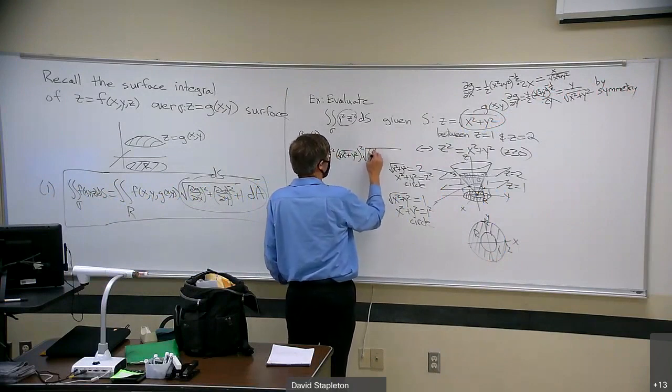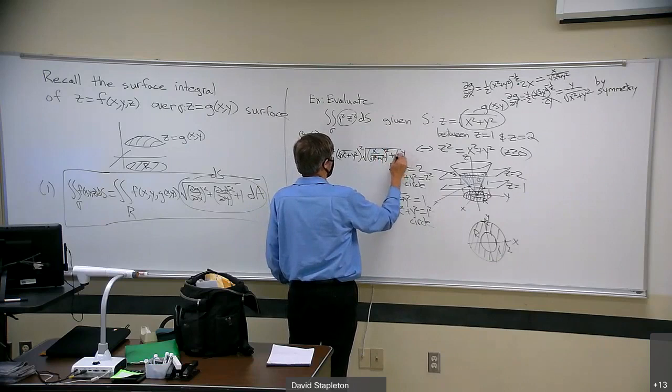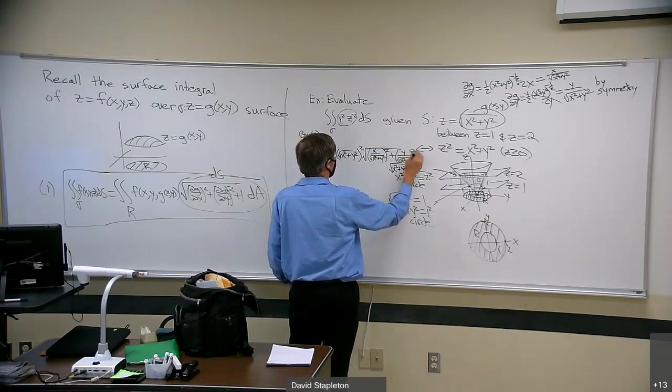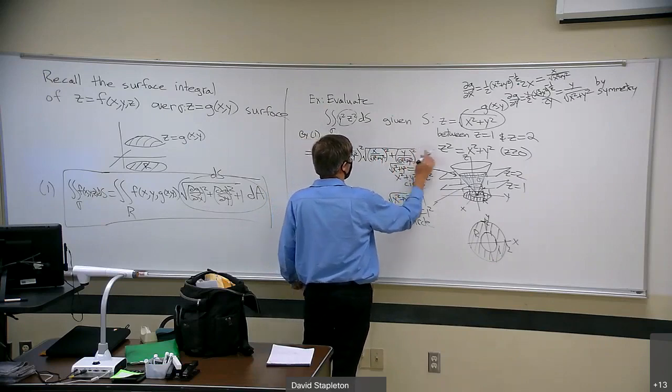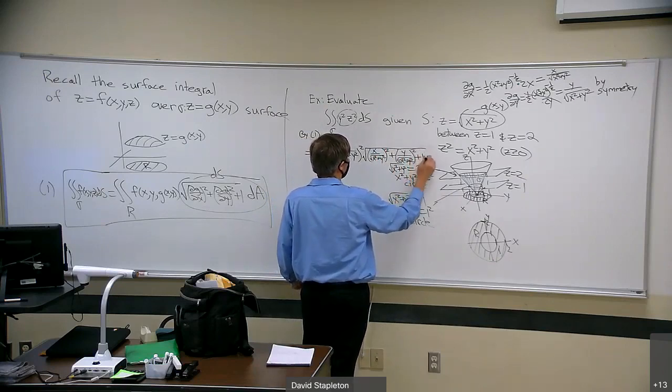All right, now I've got it because I've got to put those into here. The square root of dg/dx squared plus dg/dy squared plus 1, where dg/dy is y over square root of x squared plus y squared, all under the square root, dA.